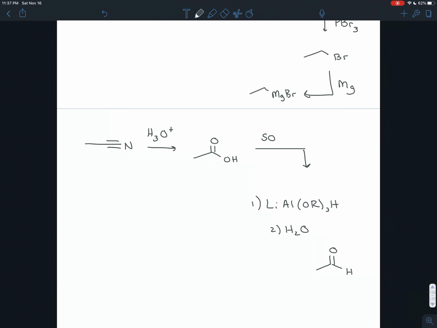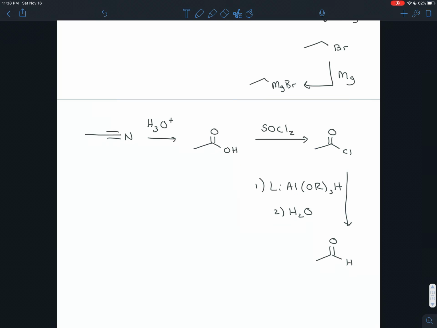So you could use thionyl chloride to turn the carboxylic acid into an acid chloride. And once you have that really strong electrophile there, you can use even just a weak hydrogen nucleophile like this. And there are other ways you can do this.